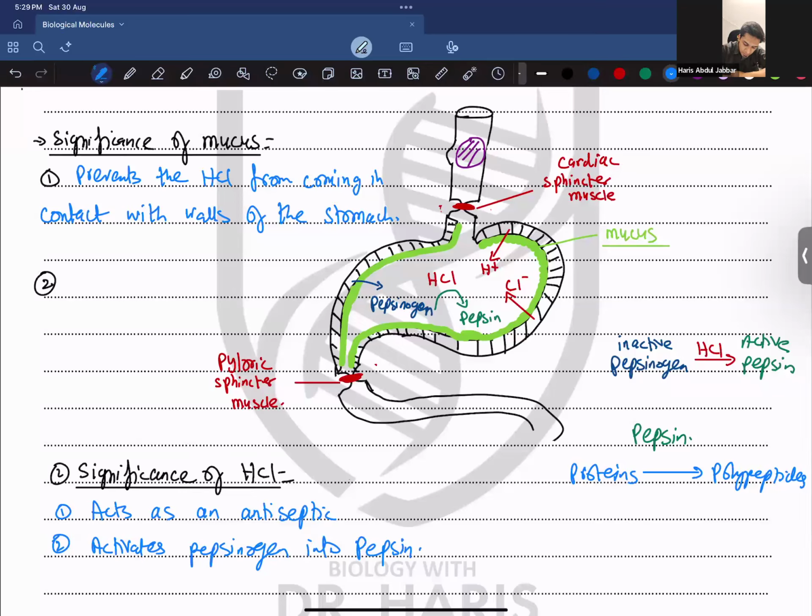So it also prevents pepsin from digesting the walls of the stomach.